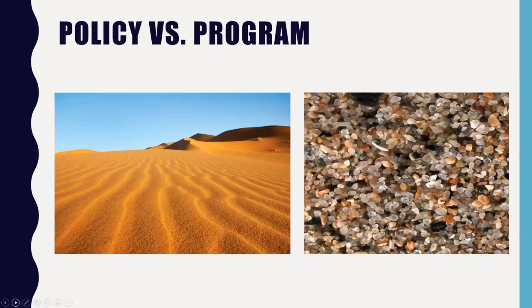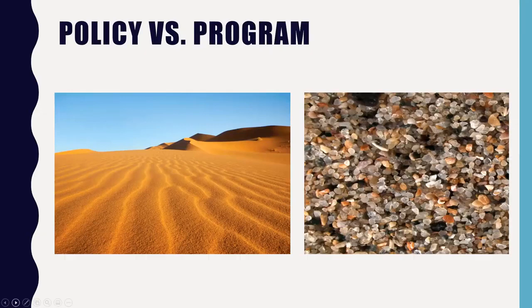Okay, so we'll start by talking about the differences between a policy and a program. So as with our discussion of digital preservation, the differences can be fairly substantial between these two documents.